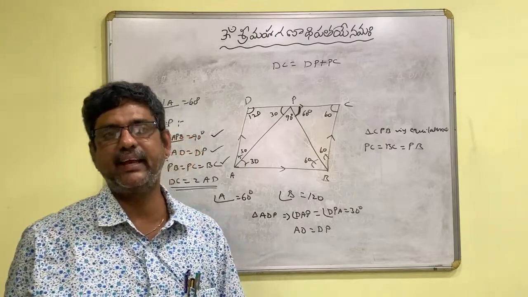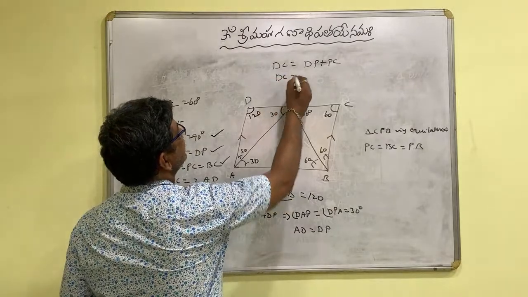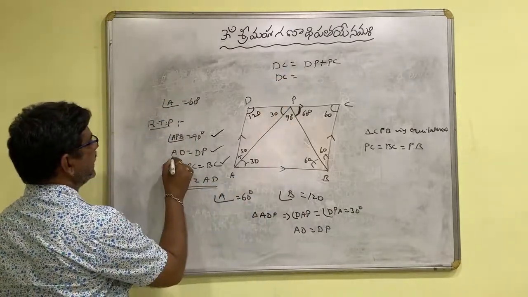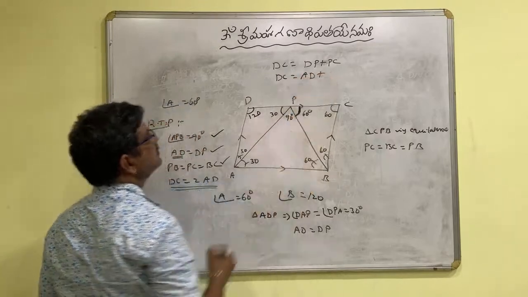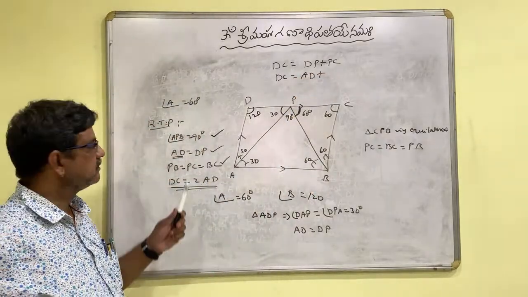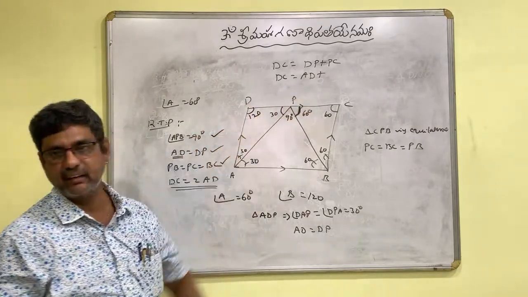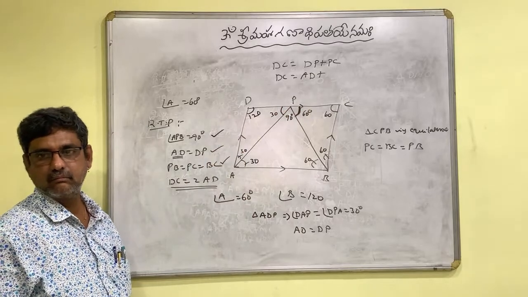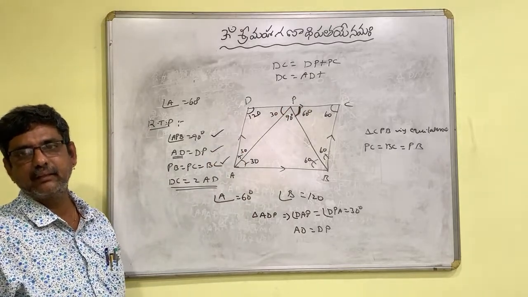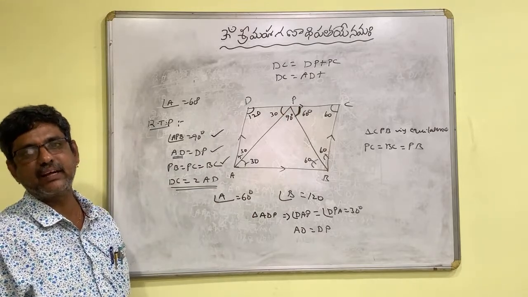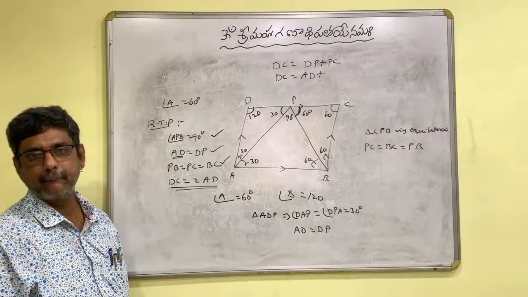Okay. How can I answer? Instead of DP, I can write AD. Is that right? In the place of DP, I can insert AD because AD is equal to DP.